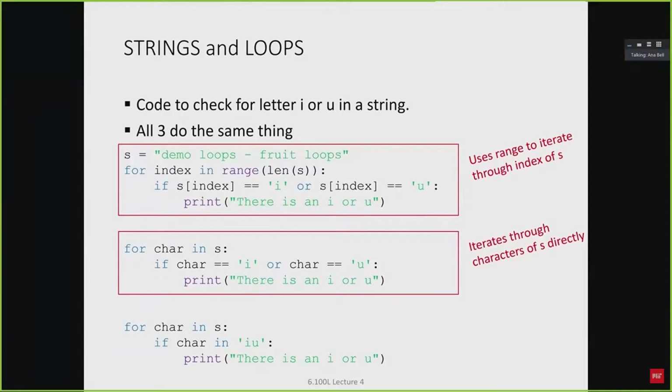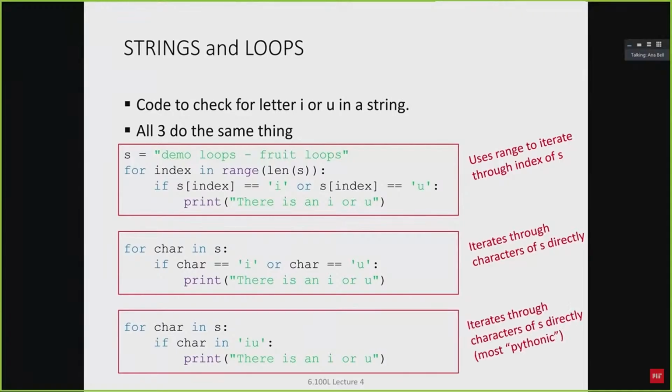And it turns out there's actually a much more Pythonic way to write the code, this bottom box down here. In the bottom box, the only part that I've changed is the if statement. I'm using the in keyword to test whether the character that I have in hand, lowercase d, lowercase e, lowercase m, and so on, is in this sequence of characters, I or U. For this case, it's not so important, right?